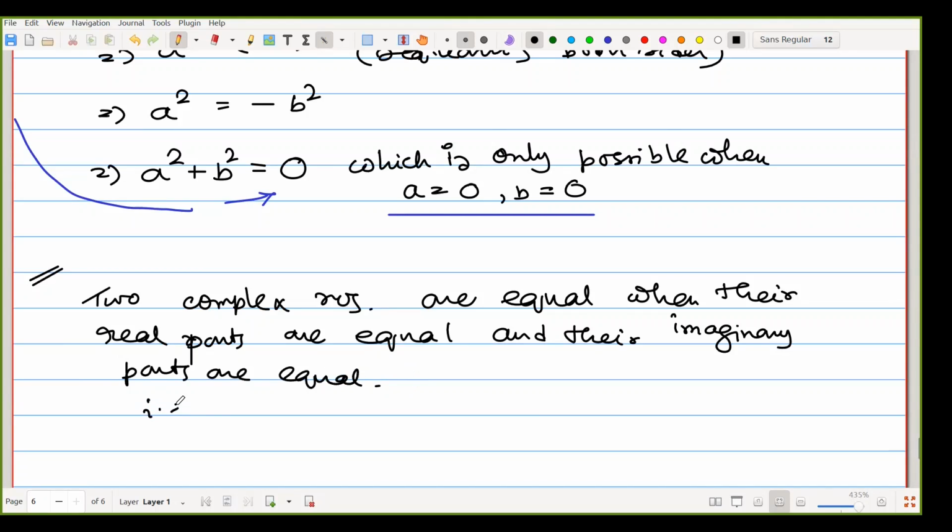That is, we have to prove originally A plus IB is equal to X plus IY.